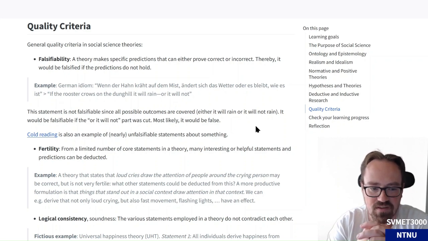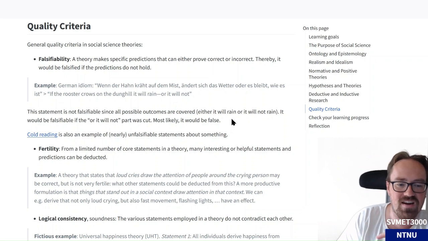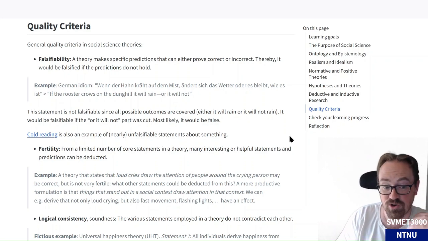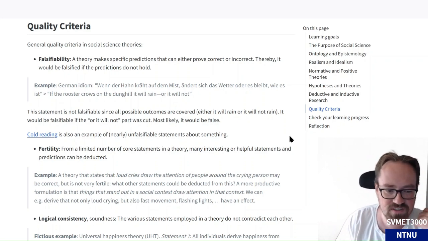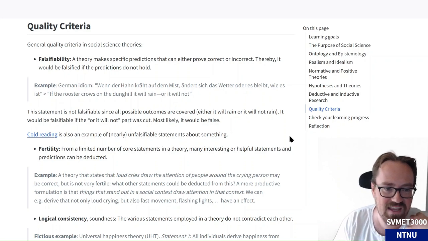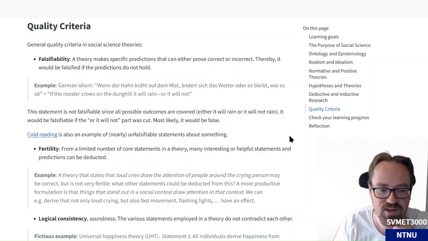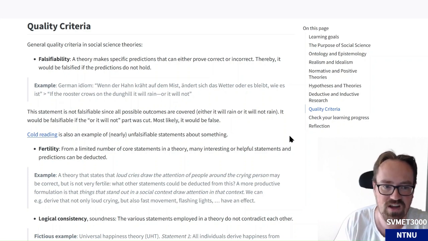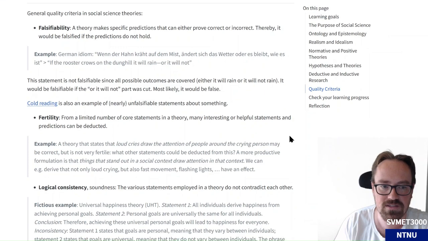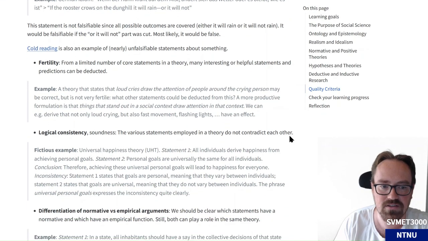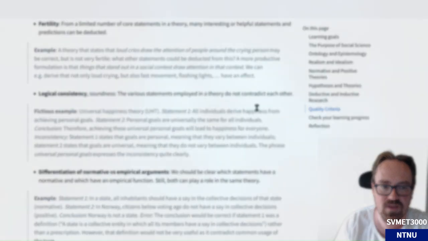So have a look at the Wikipedia article about cold reading, and there you learn quite a lot about the tricks of making your statements unfalsifiable, and that's something that should be avoided at all times when it comes to scientific theories. Vagueness and non-falsifiability.